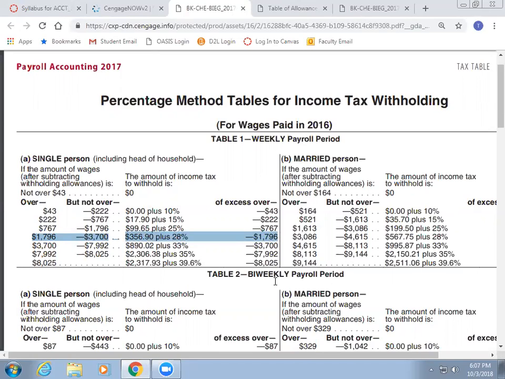So I'm going to take $1,882.10 minus $1,796. So that's $86.10.